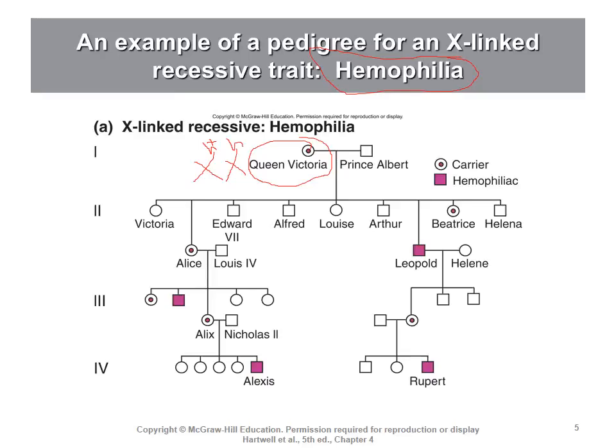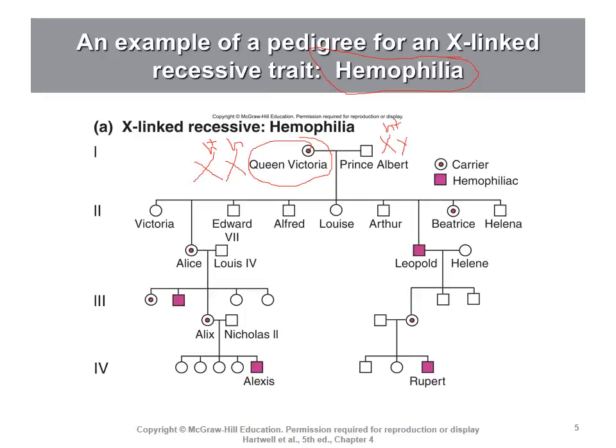And here Prince Albert, because the square is not filled, was normal, so he has karyotype XY, and he had H plus, let's say.